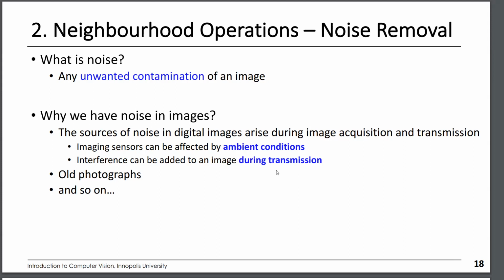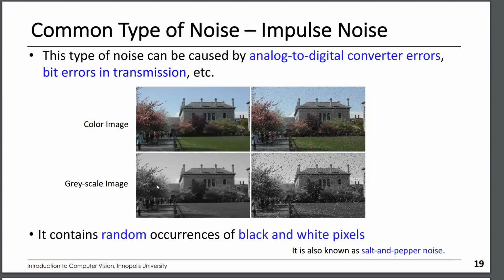For example, in old TVs, they used to do transmissions between satellites and so on. Some of the bits of the image can be changed during this transmission period, so you can get a lot of noise in your images, old photographs, and so on.